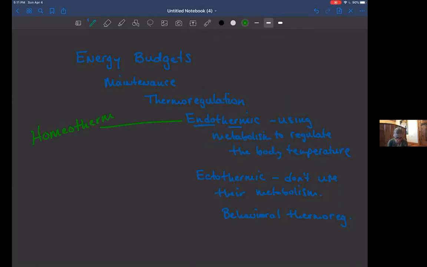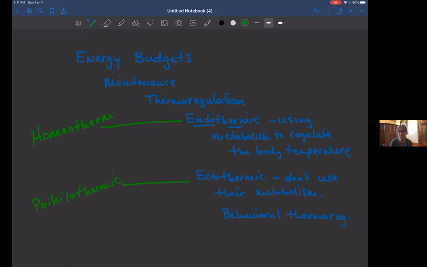The ectothermic organisms, sometimes their body temperature can vary dramatically depending upon their environment. It varies with their environment. So these guys are called poikilothermic organisms. And that just means that it fluctuates with the environment rather than staying constant.